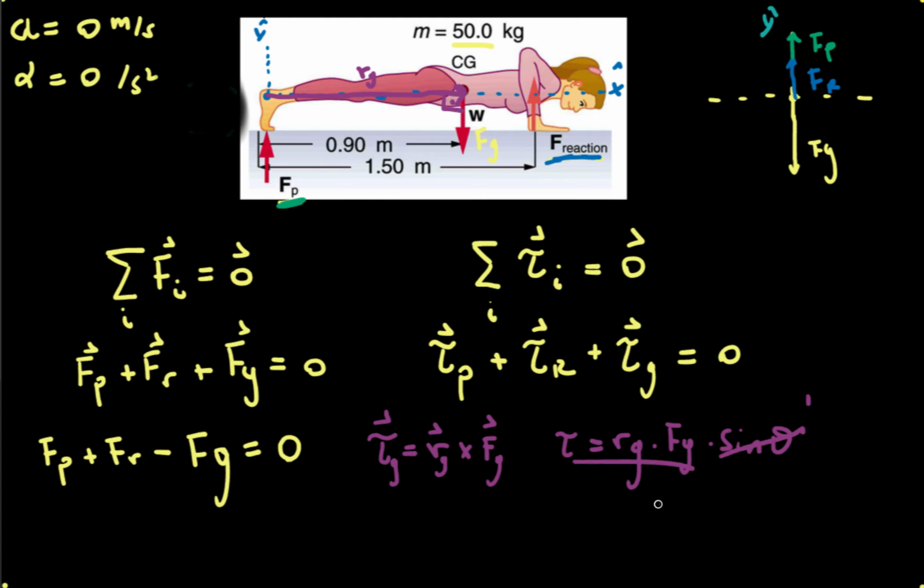So the amount of torque is R_G times F_G. What you don't know is whether it's going to be a positive or a negative torque, because you still have these arrows. Good. That was the explanation for what we're going to do to these 3 quantities.